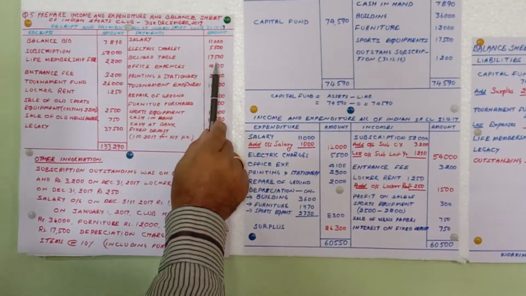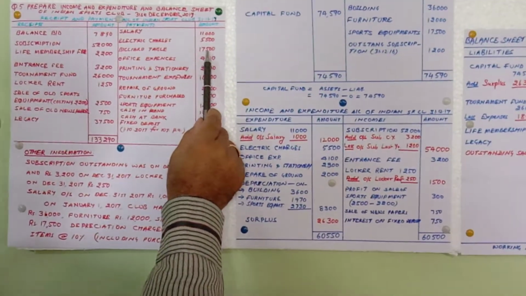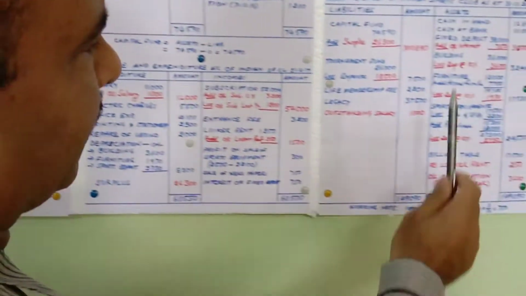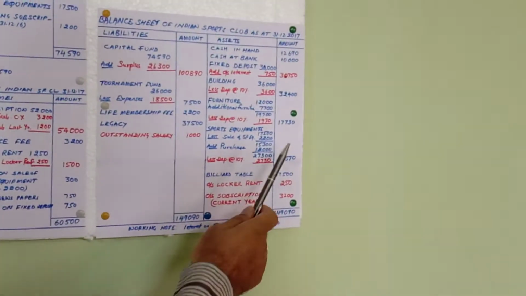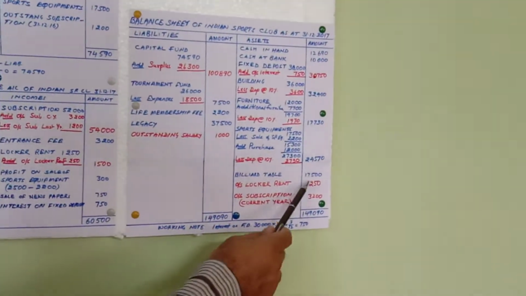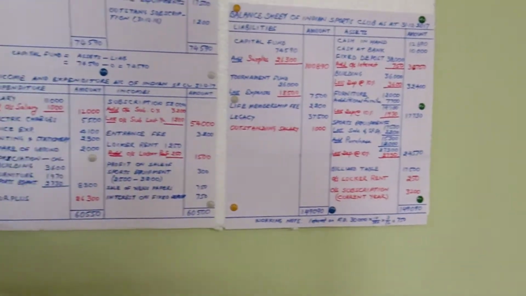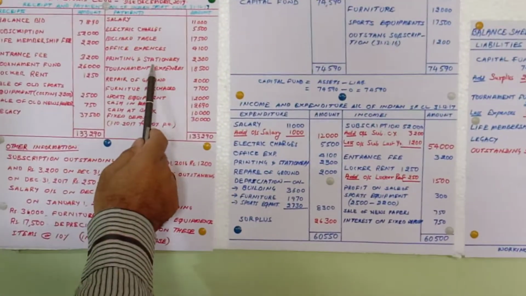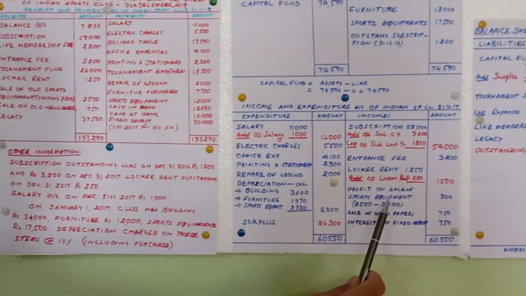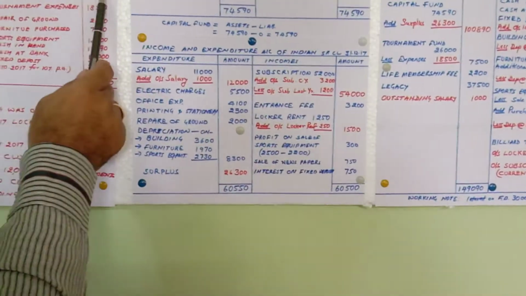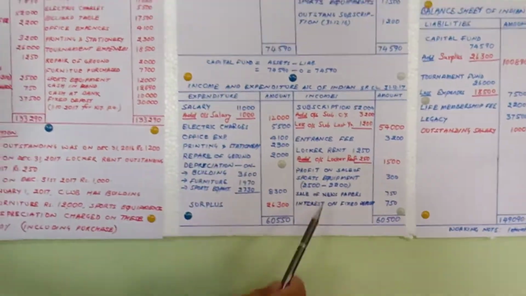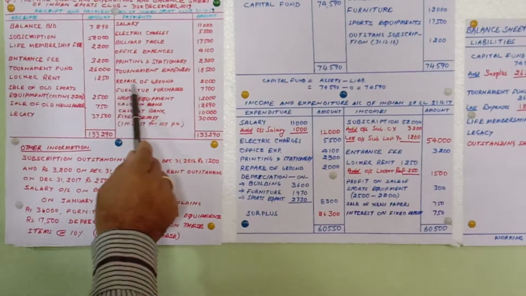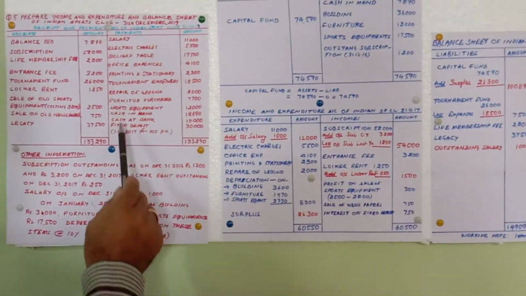Then billiard table is a capital item, so I have taken it in the balance sheet. Then printing and stationery I have taken here as revenue expenses. Office expenses 4,100 I have taken here. Then repair to ground 2,000 I have taken here.